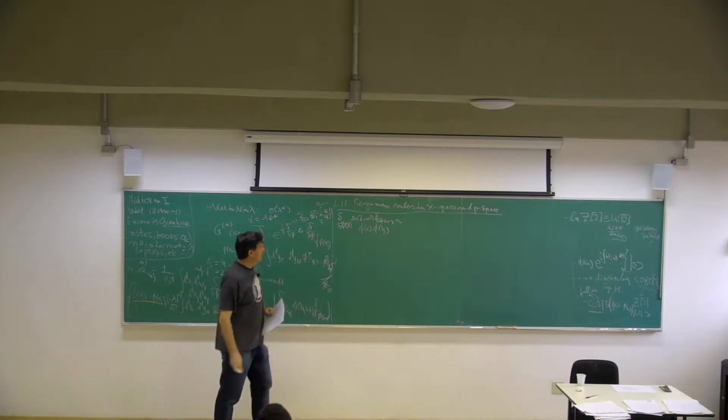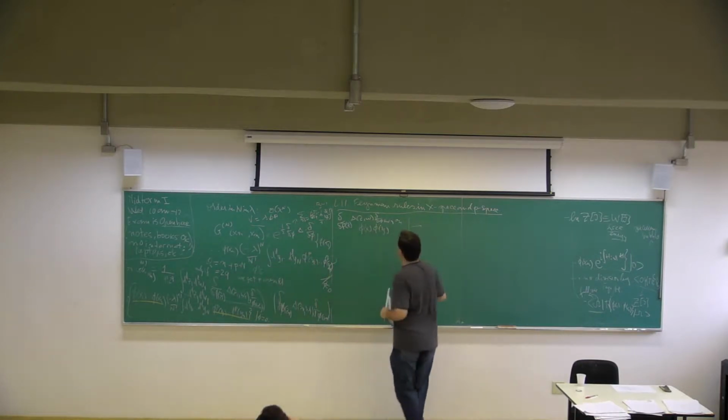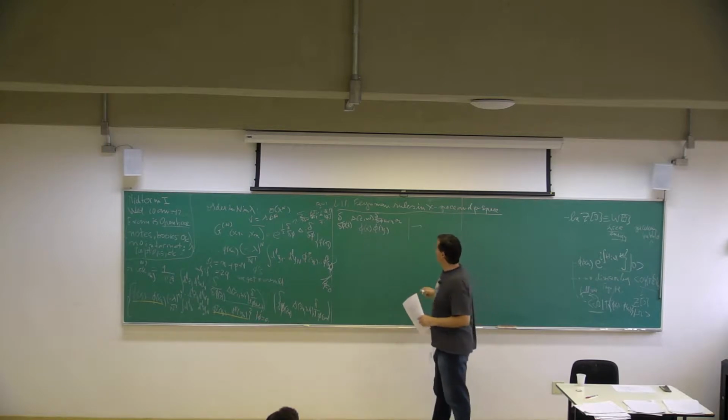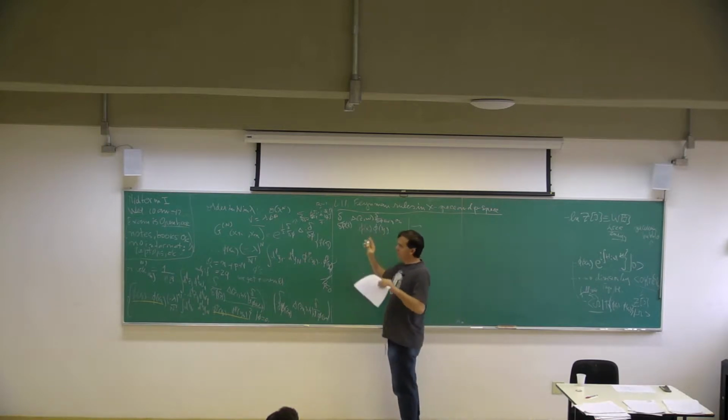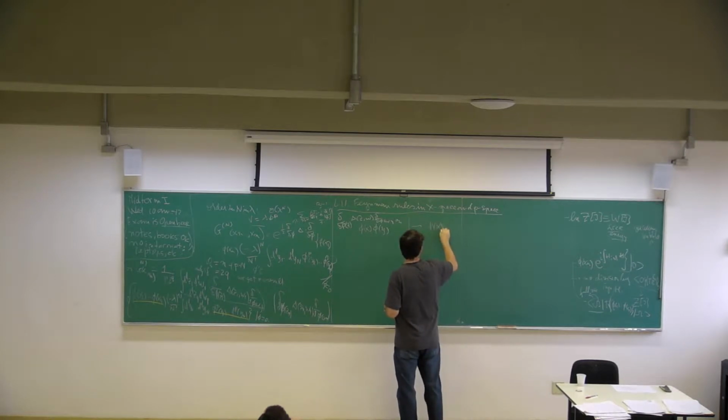Generically call them z. The result of this is what we call the contraction: the result is to contract the two phi's, phi of x, phi of y.